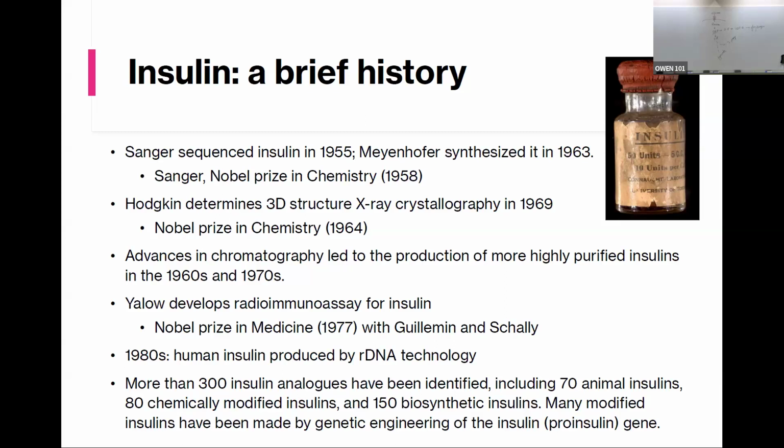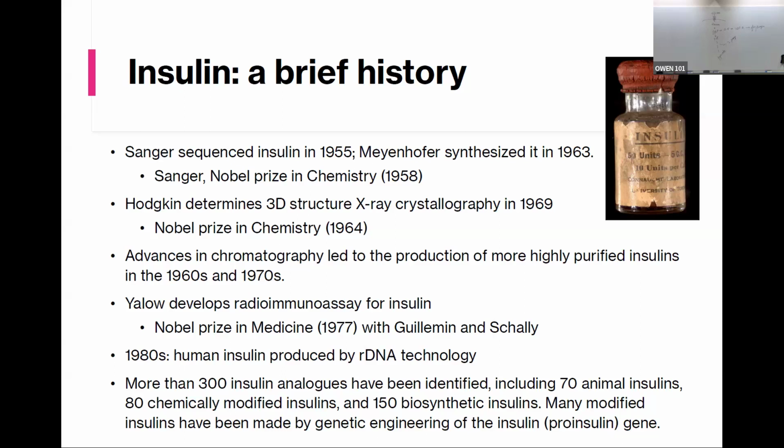And then chromatography, the purification technique. That's very important because then you can purify insulin until it becomes very pure. In the past, people extracted insulin directly from animals, like cow and pig, and then you needed to purify it.